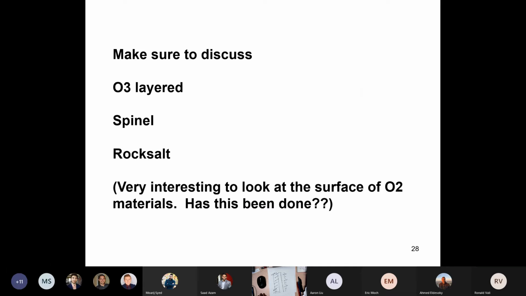Okay. So now this is really important. How are the layered, spinel and rock salt structures related to one another? So I spent the time this morning drawing a diagram to show how this works. And I'm going to put that on the document camera.